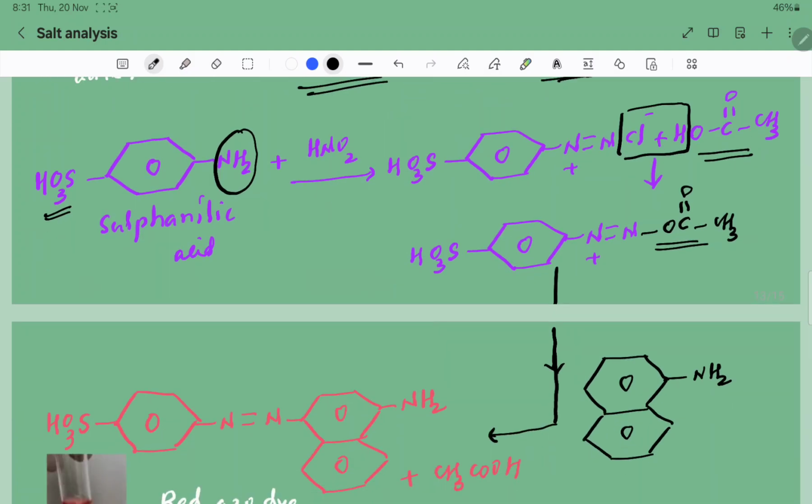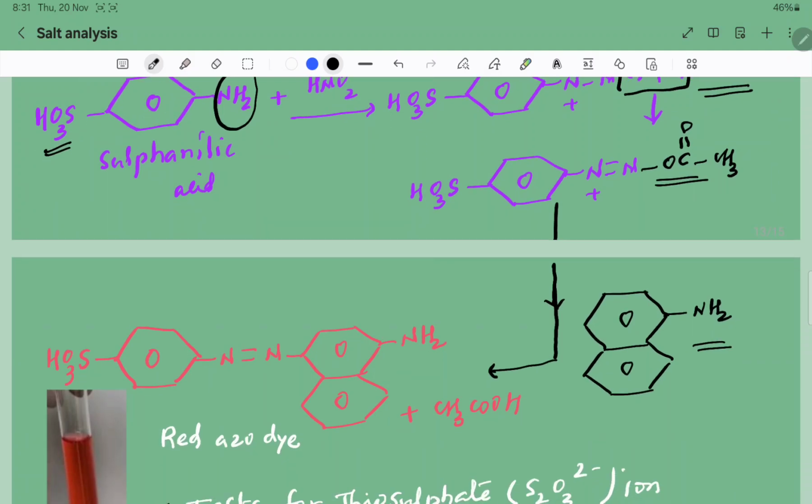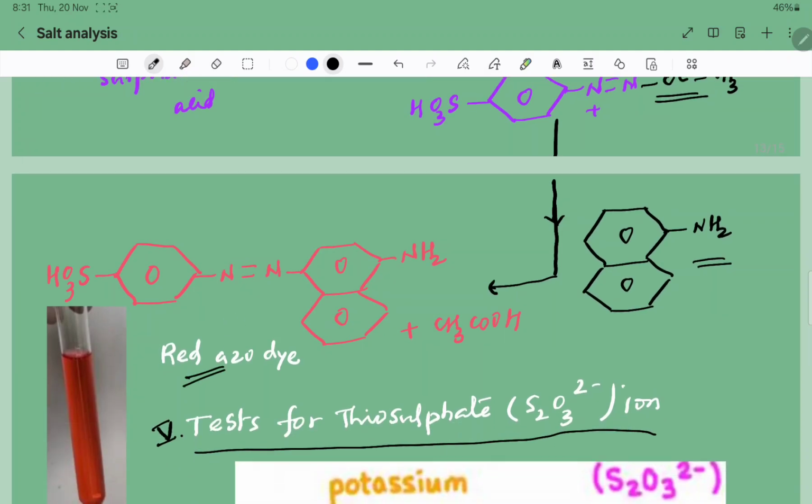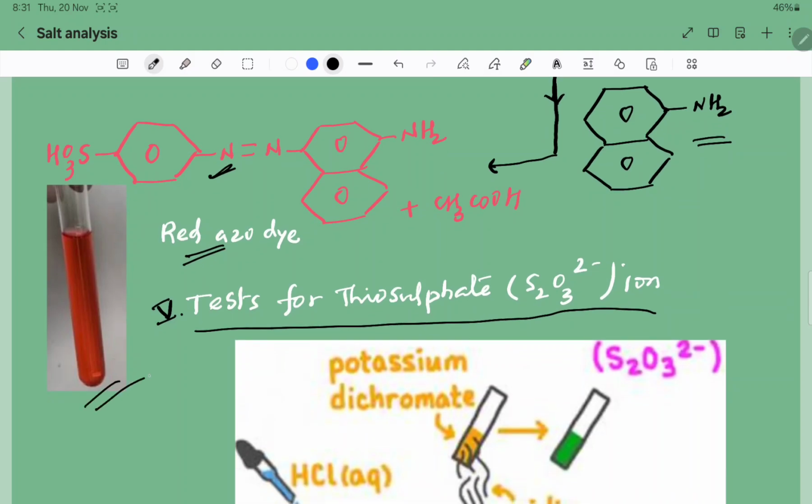Now this acetate reacts with alpha naphthylamine. When alpha naphthylamine reacts with the above compound, it will form a red azo dye. So this is the compound, student. Reactions are very important, student. Revise the reaction. Reactions are not that difficult, easy reactions only, easy to understand. So finally this is the red azo dye, student. This is the confirmation test for nitrite ion.